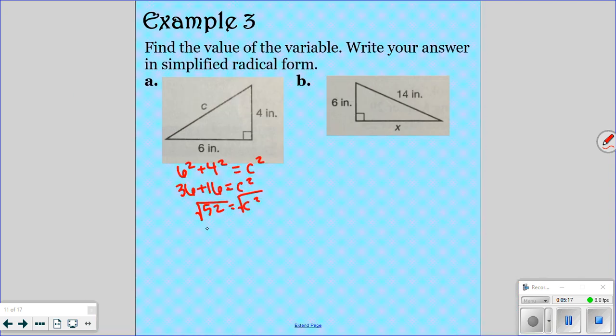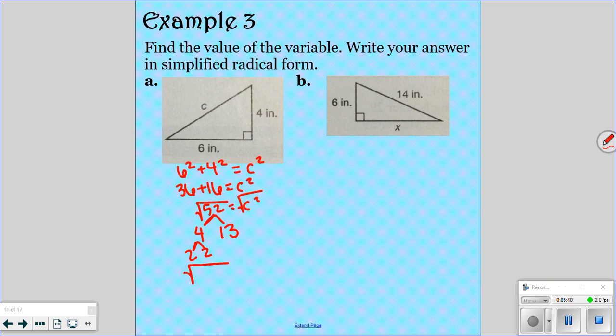I've gone over this, but I'm going to go over it again. You factor this first. And if you know another way to simplify radicals, you can do that. I don't care, but this is how I think it goes best. 52 is 4 times 13, and 4 is 2 times 2.